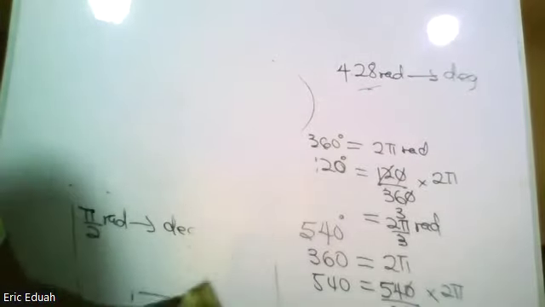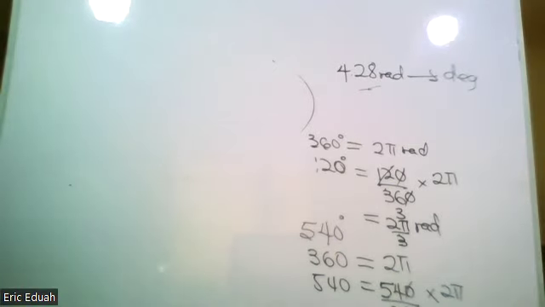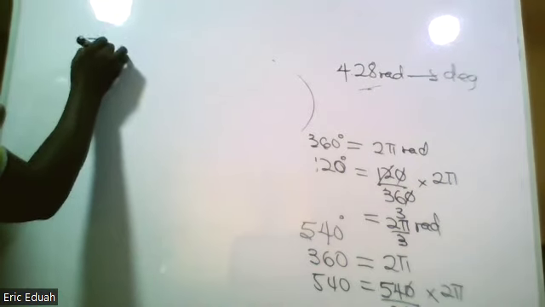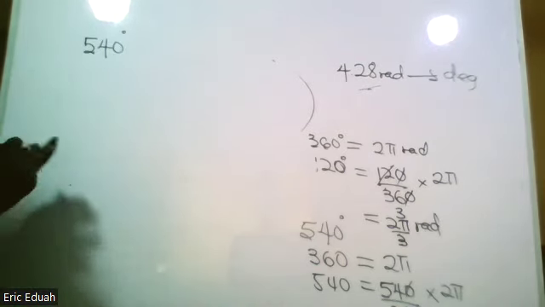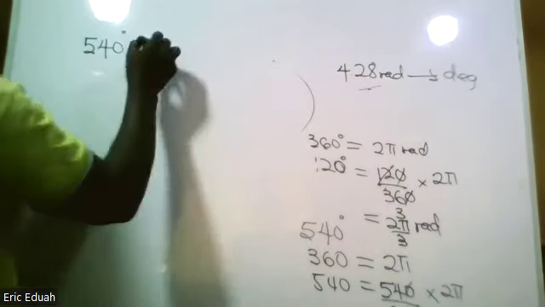Please, I had 9.43. 9.43 radian. Give it to me in multiples of pi first. 3 pi. 3 pi radian.